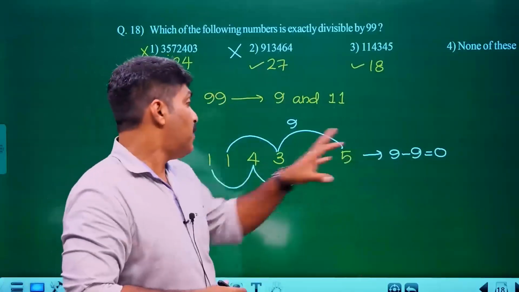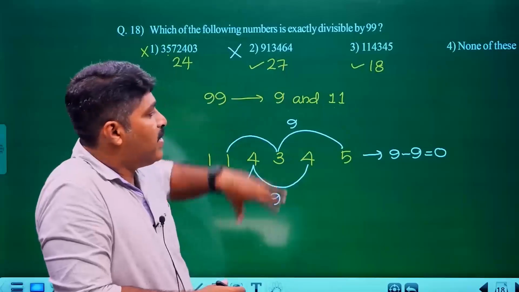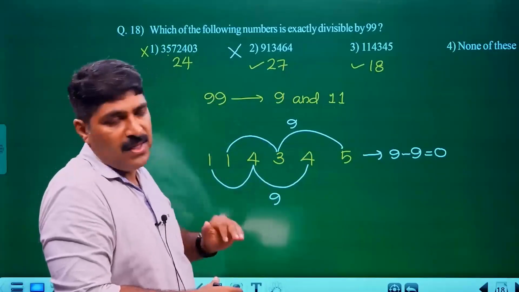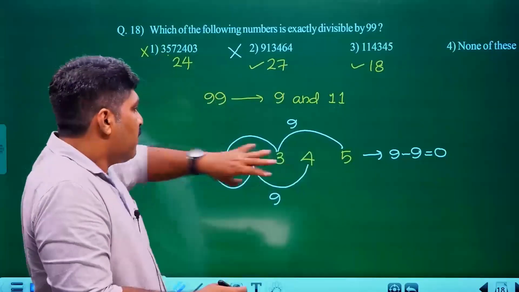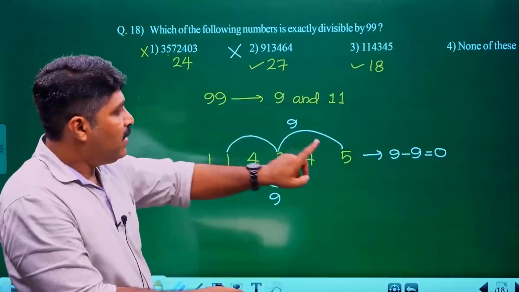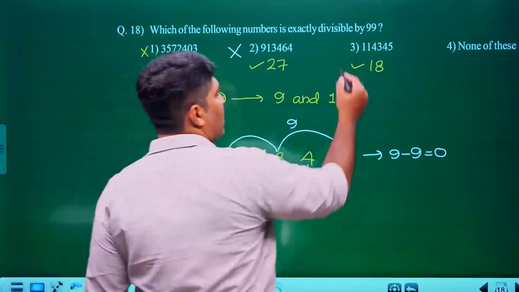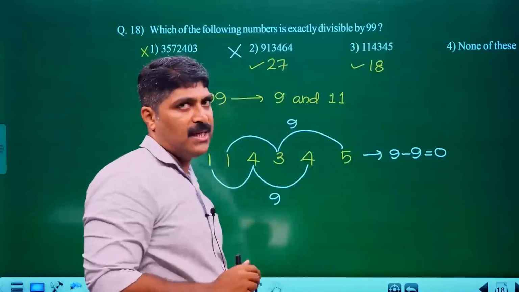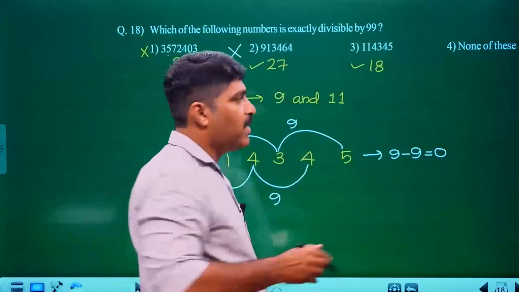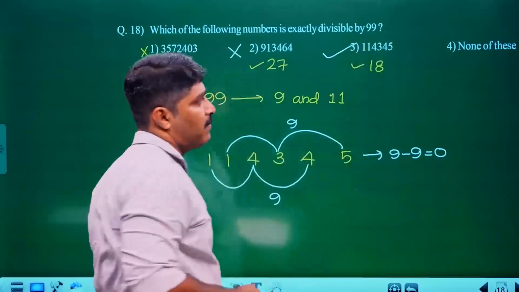If the difference between the sums of the alternate place digits is equal to 0 or any multiple of 11, then we can conclude the given number is divisible by 11. This one is satisfying this condition. Therefore, this number, option 3, is satisfying both conditions, that is divisible by 9 as well as 11. Therefore, we are sure this is the answer.